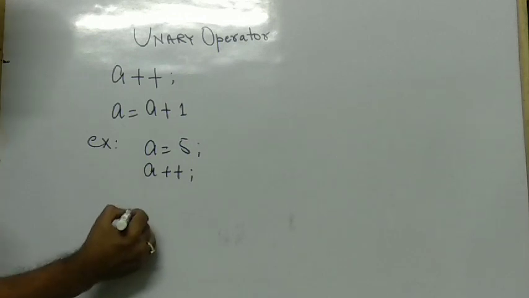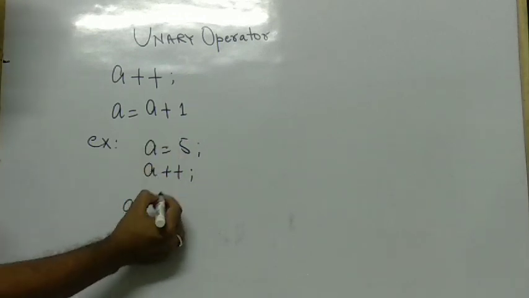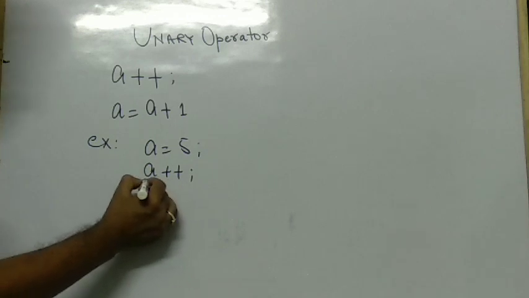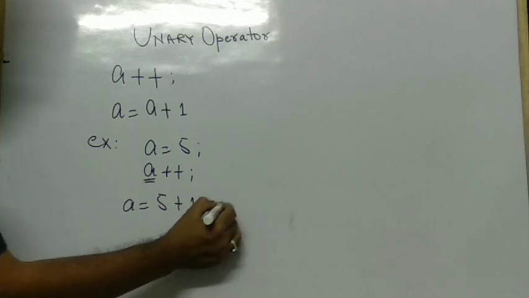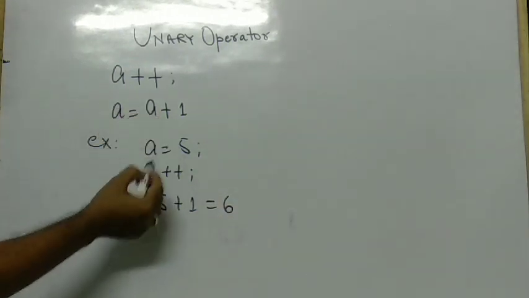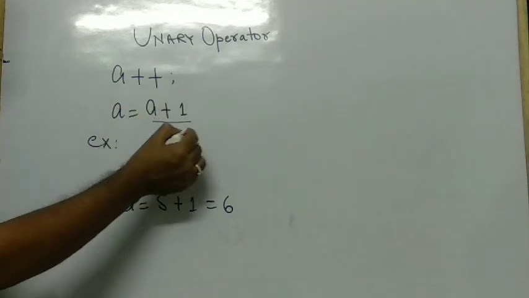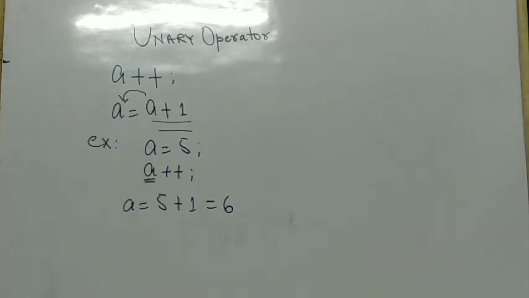So what is the value of a now? The value of a is 5 plus 1, and becomes 6. So it increases the value by 1 and stores it into the same variable.